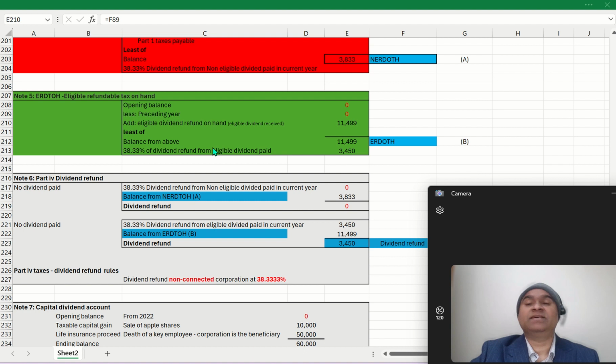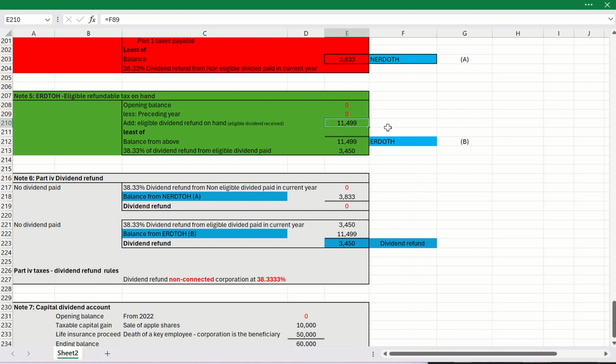And this, we paid $9,000. That triggered 34,000. I apologize, $3,450 in dividend refund. This is the amount that we owe to the CRA. So we owe, and this is CRA owes Fine Pasta.